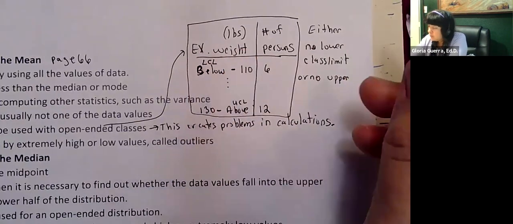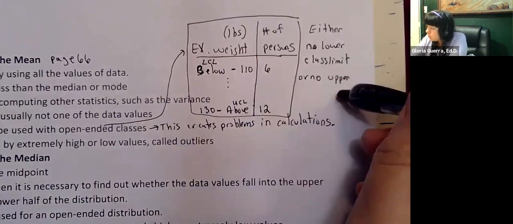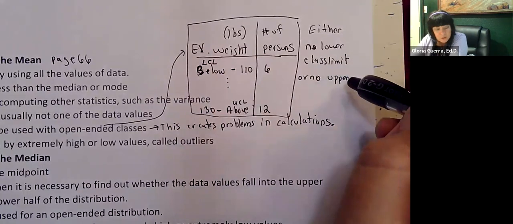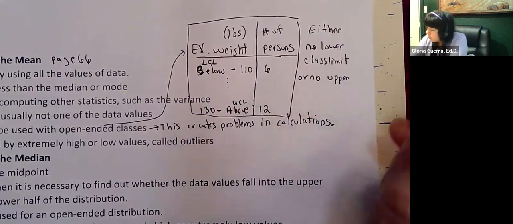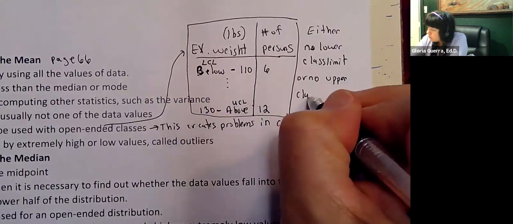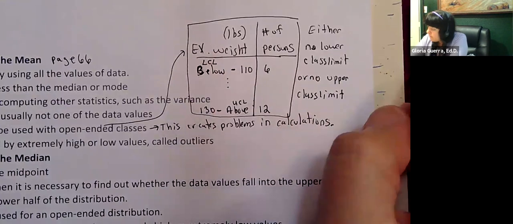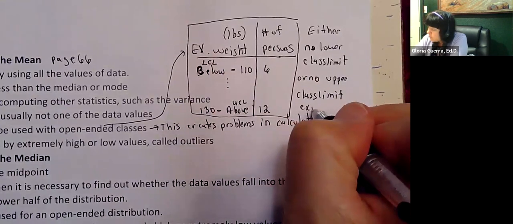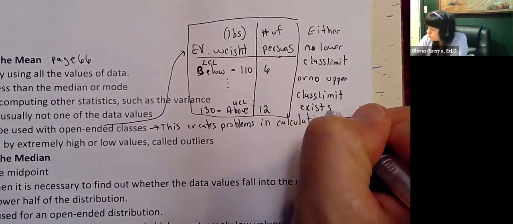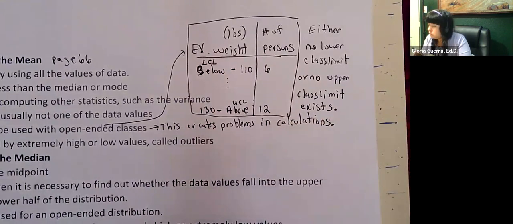That would be an example of an open-ended class, when you have no lower class limit or no upper class limit existing. So the mean cannot be used with open-ended classes. Just keep that in mind.